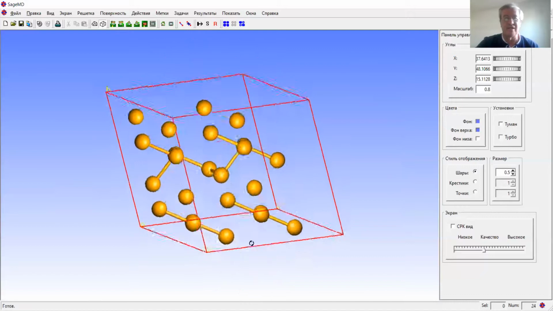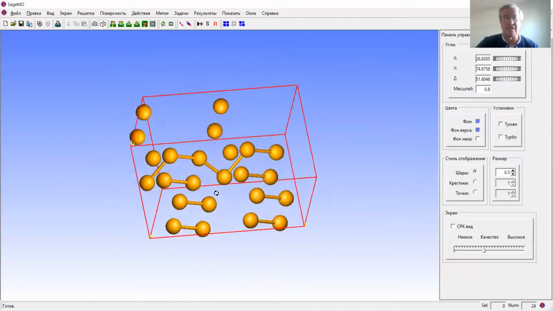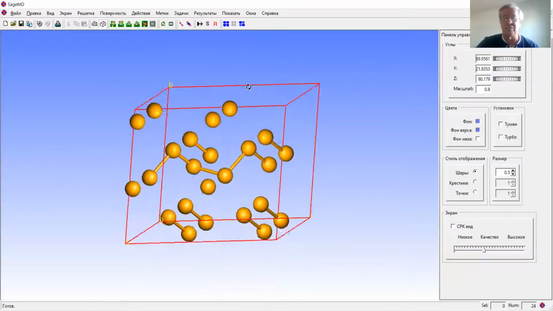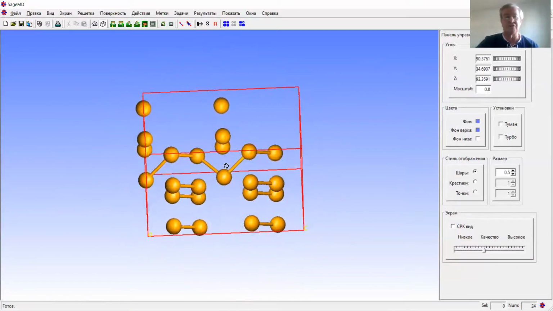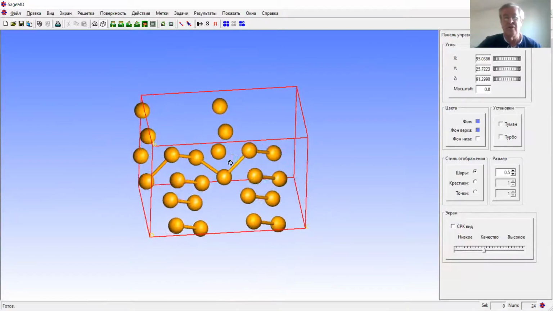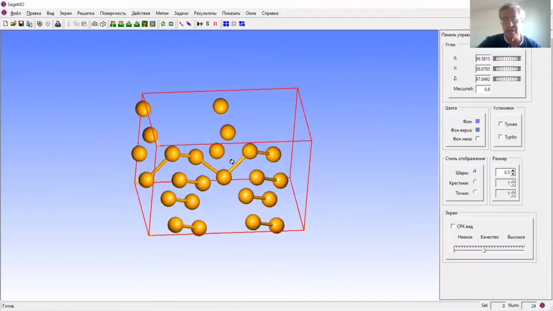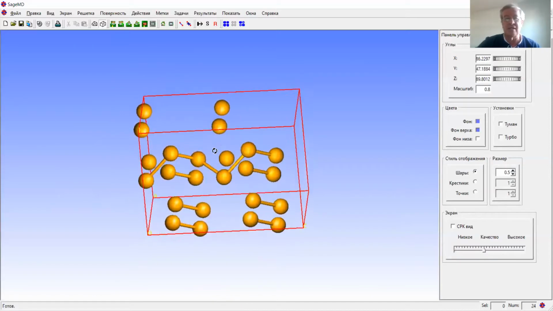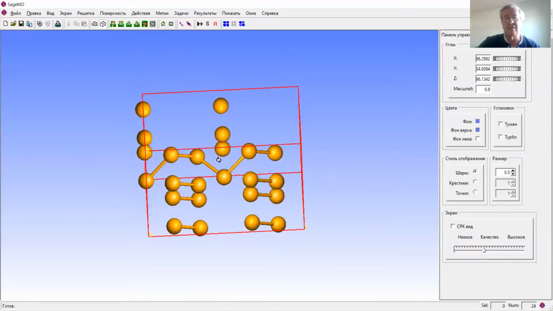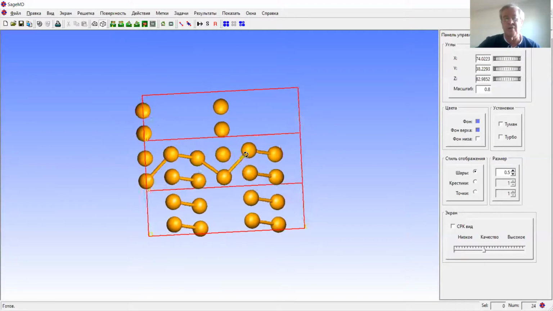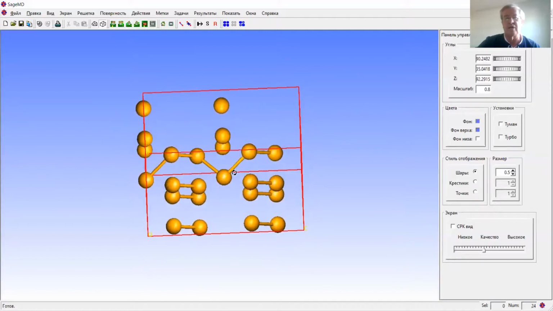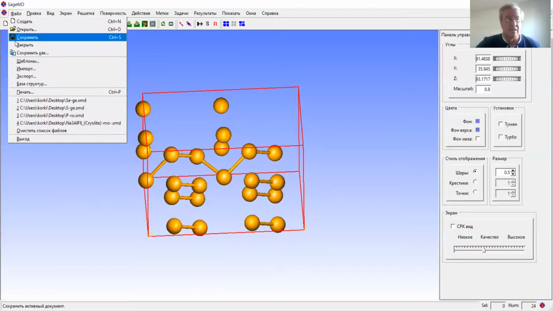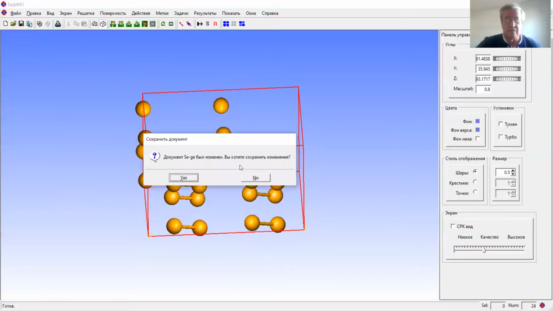And now we see that the chemical bonding for selenium is similar to sulfur. Each selenium atom has two chemically bonded neighbors, but instead of making rings, it creates a long polymer chain along one of the axes.